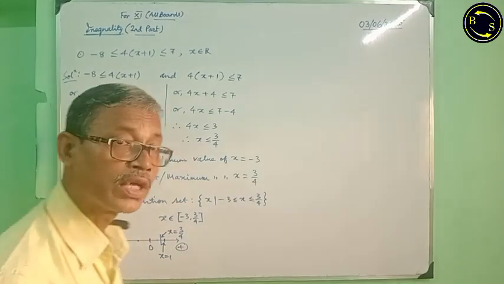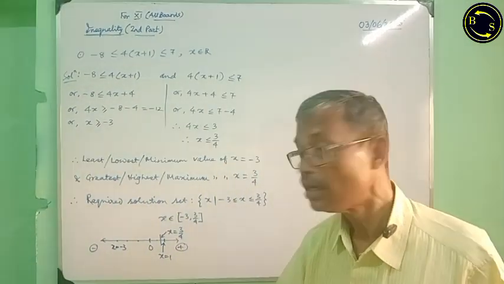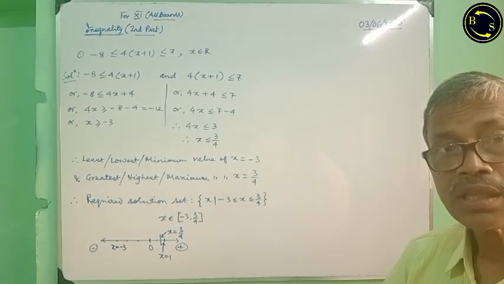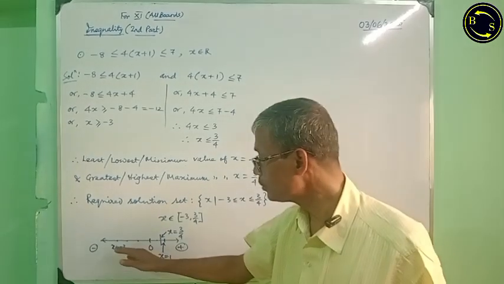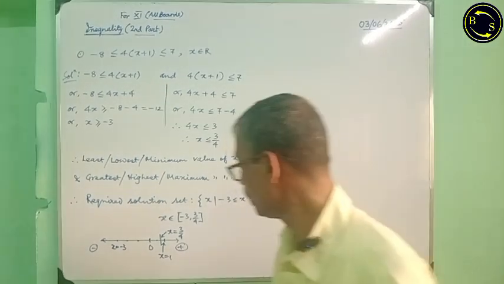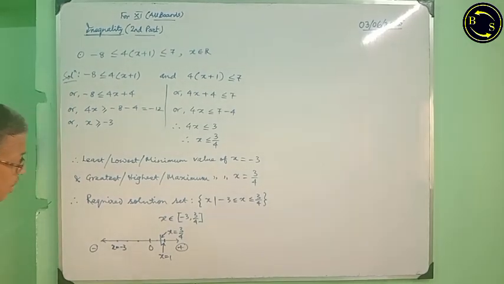I suggest students use your scale for scaling. In that case, it will be equispaced. Otherwise, intervals will be of unequal lengths. That is not good. That is why my suggestion is that you use your scale.